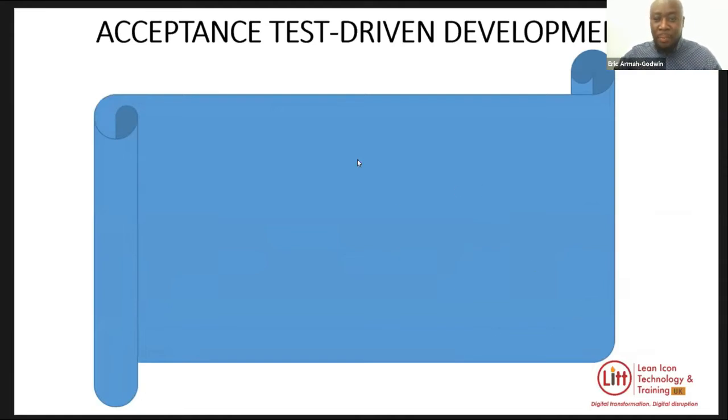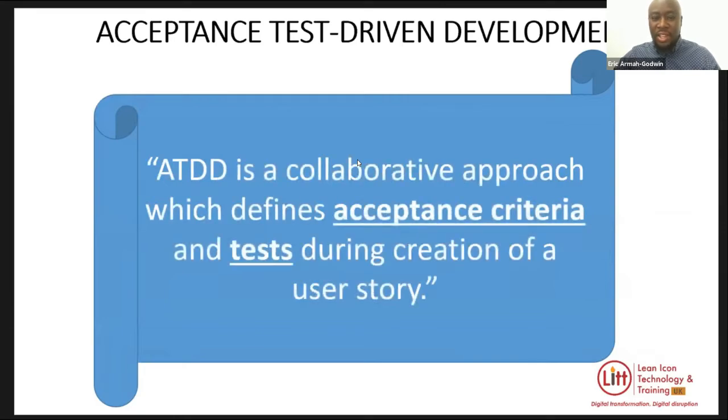So what is acceptance test-driven development, or ATDD? It is a collaborative approach which defines acceptance criteria and tests during creation of the user story. You notice that I've underlined acceptance criteria and tests in the definition.